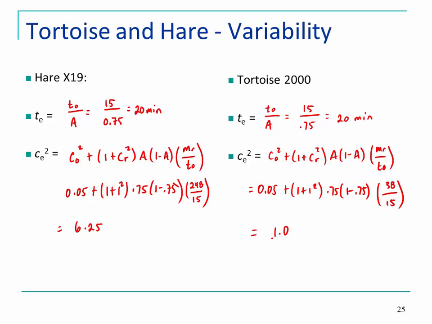So based on this squared coefficient of variation, we can see that this one has a high variability and this one has a moderate variability.